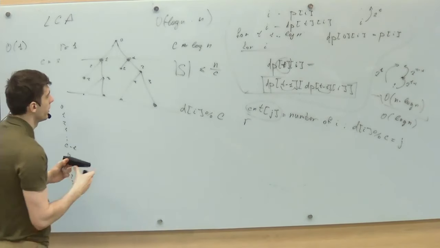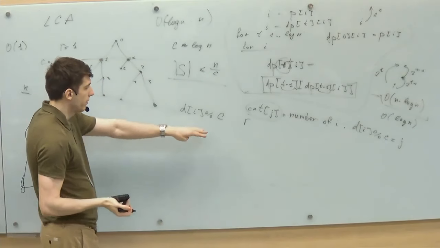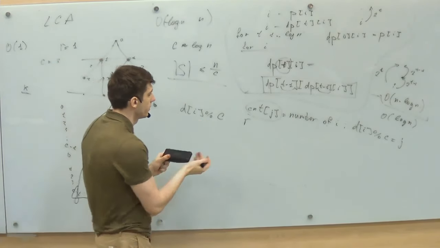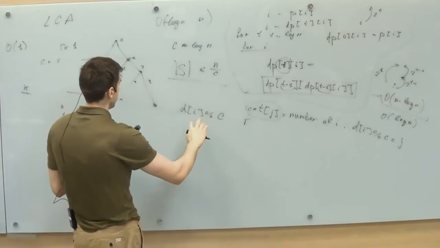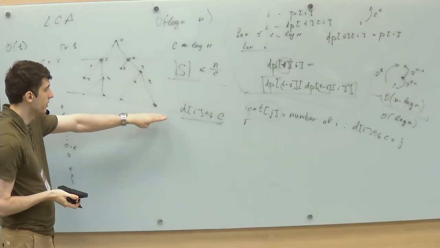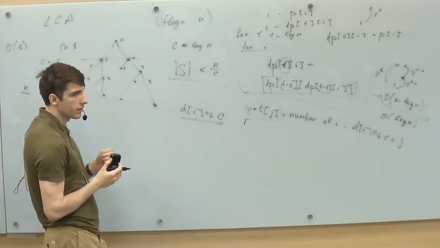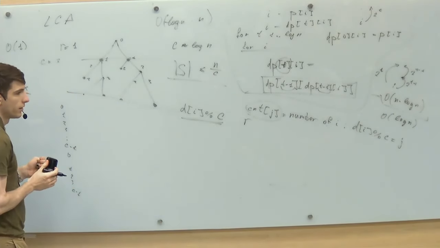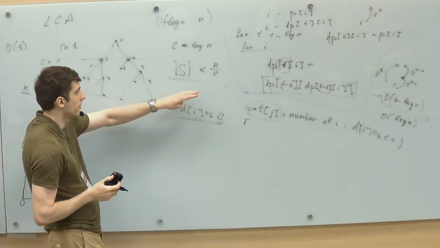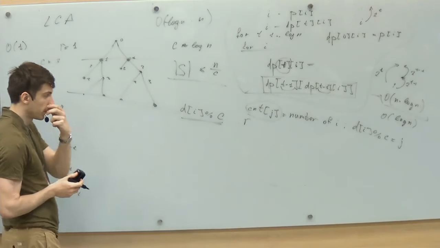And we have already satisfied the size condition by picking the smallest set. This basically splits our vertices into c groups, right? And after that we pick the smallest of them. So we for sure know that the size of the smallest is not greater than the size of the average, right?